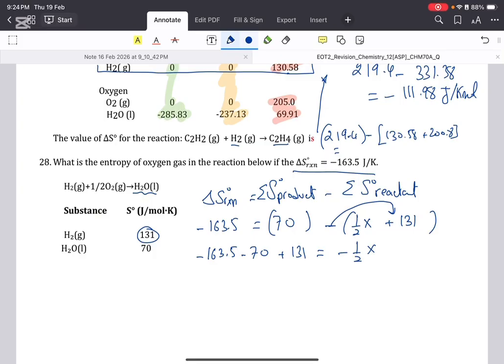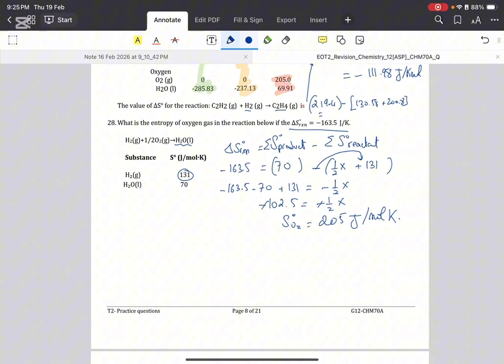Minus 70 plus 131, so that is negative 102.5 equals negative half, the minus signs cancel out. So the entropy of oxygen is going to be times 2. Yes, that is correct. Joule per mole Kelvin.